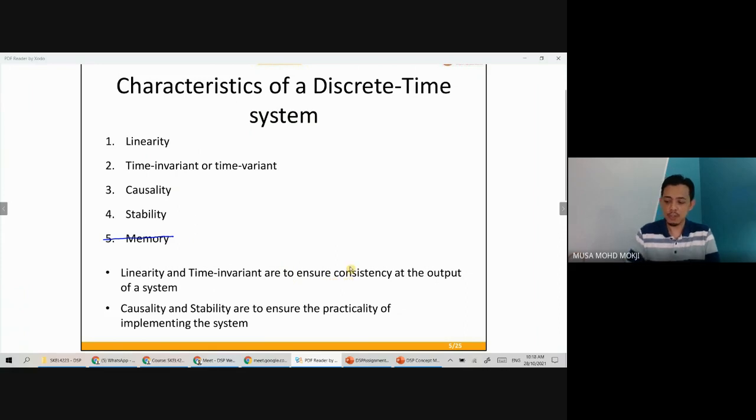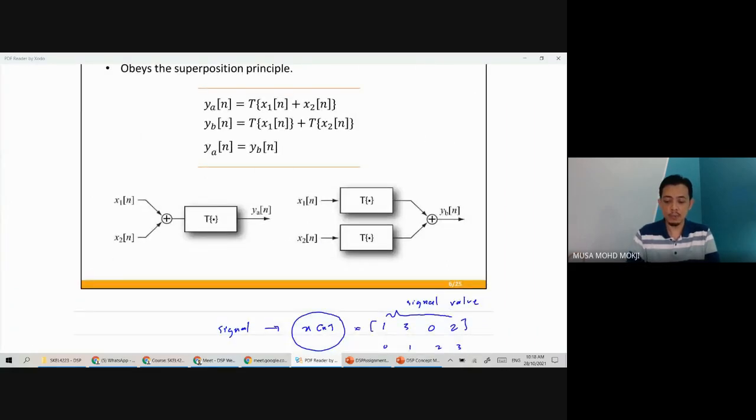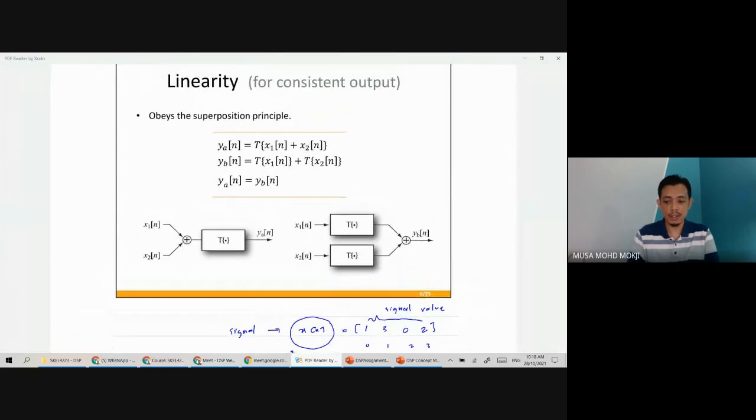So we are looking at both the signal value and the index. And what is index? Index is time. Whenever I mention index, index is actually time.